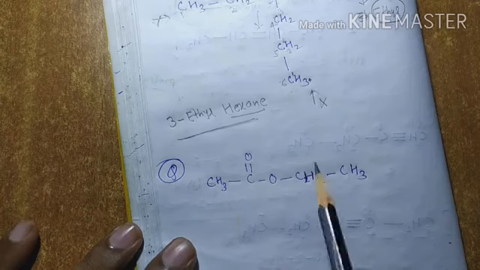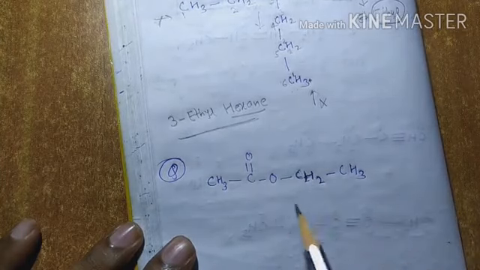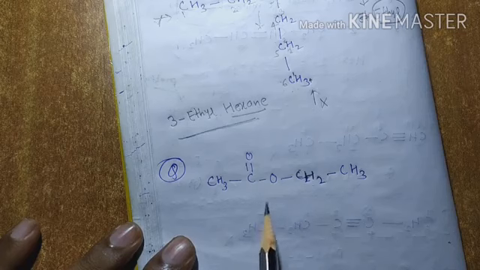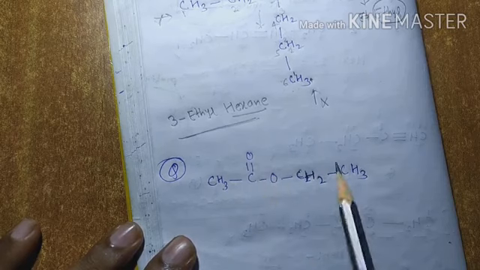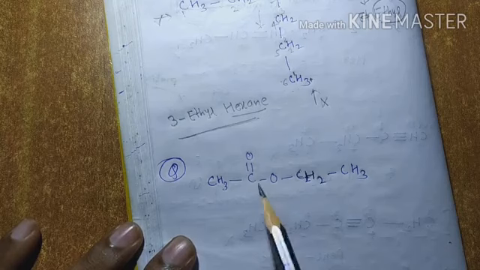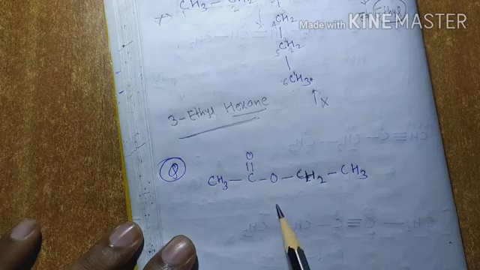Now write this, students, this is CH2. Now you have to write the IUPAC name. It may be difficult for you, but we will write. First of all you have to find the longest chain, and we have to give numbers to the carbon atoms in such a way that the functional group is present nearest to the carbon atoms.